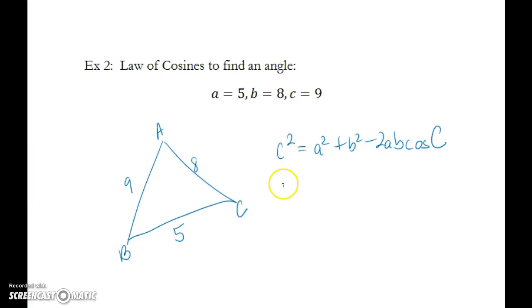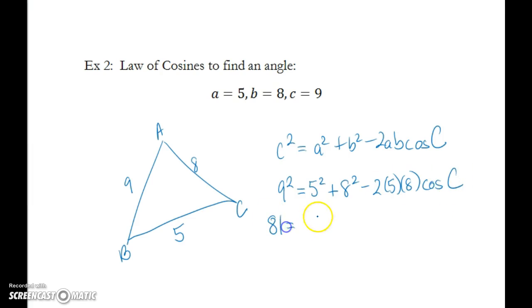So substituting, C squared is 9 squared, A squared is 5 squared, B is 8, so 8 squared, minus 2 times 5 times 8, cosine of C. C is our unknown. That's 81, this is 25, this is 64, that's 80.